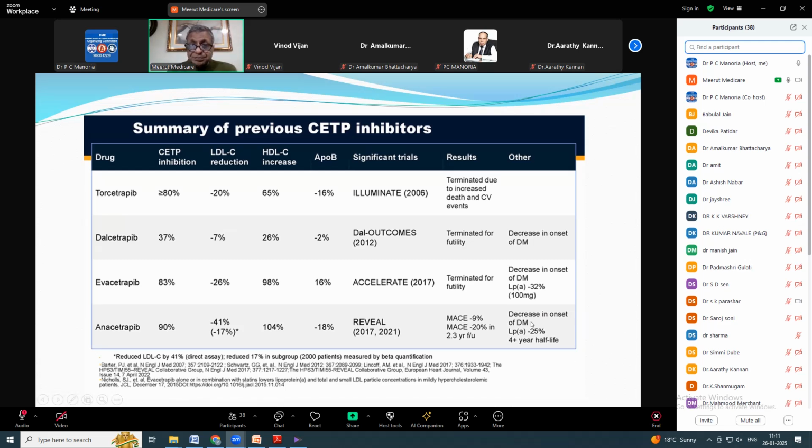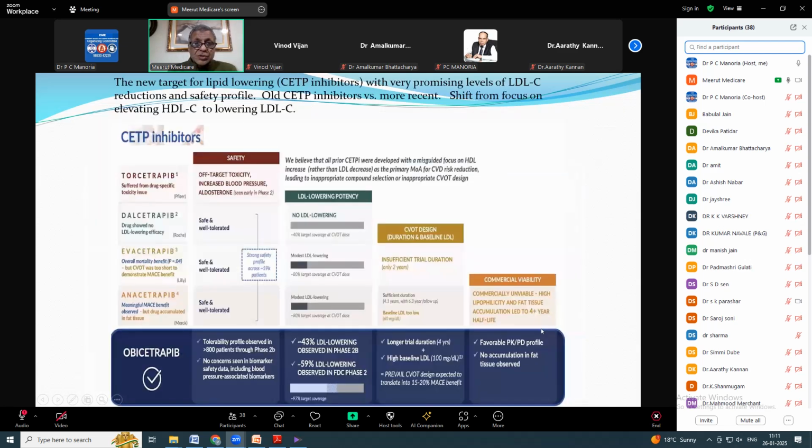What we found, again, was consistency in diabetes mellitus reduction and LPA reduction. So this is just a broad layout, and we have a new drug which is powerful in reducing LDL, and this drug is the point of interest at the moment.